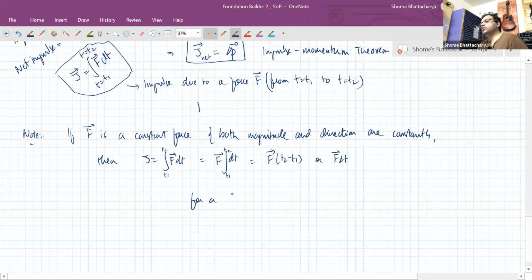So for a constant force, we don't need to use integration. Impulse J is equal to simply F delta t in a time interval of delta t.